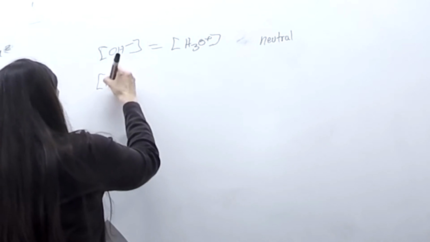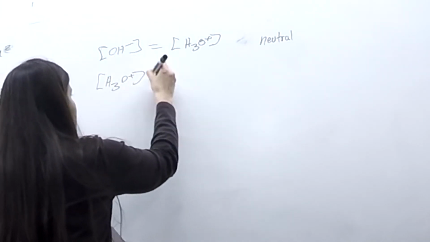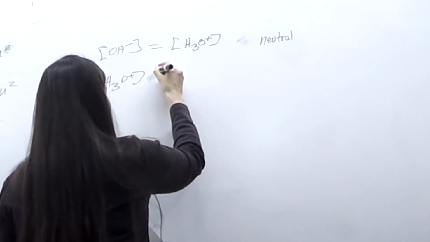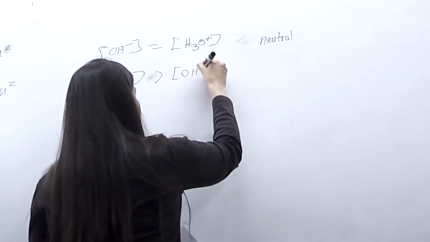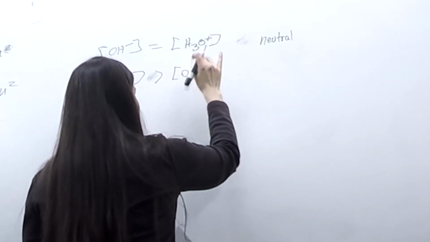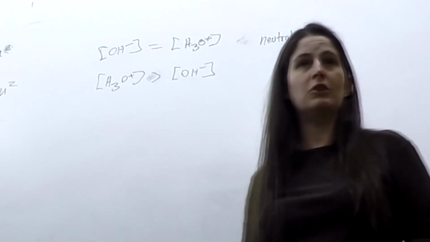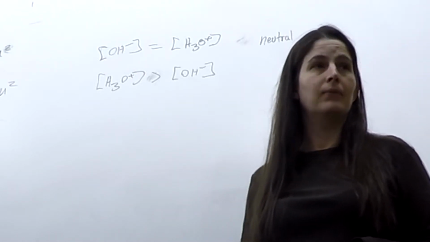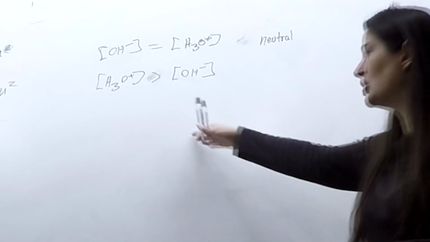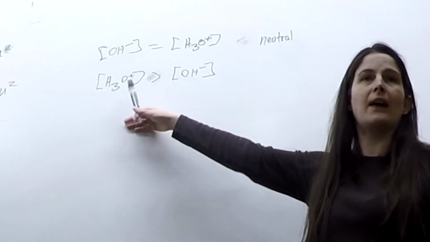Okay, what happens if we increase the amount of H3O? Which way do you think this solution goes? Neutral, acidic, basic? Acidic, right? Because if our concentration of the H3O increases, that's the acid part of it.